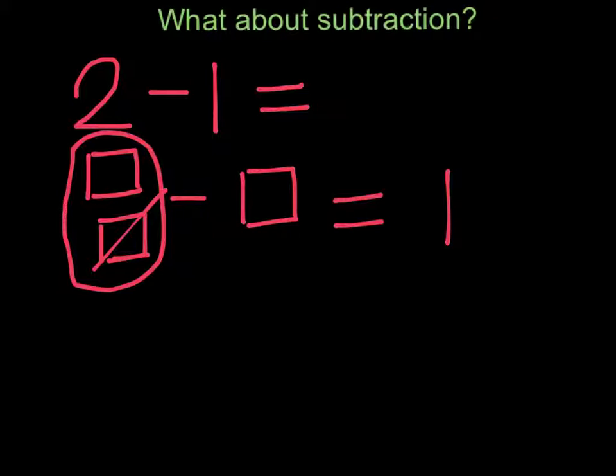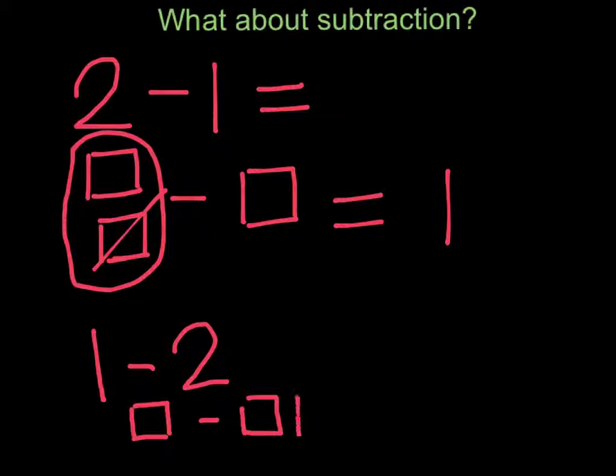Now let's change the order. Let's do 1 minus 2. That gets a little bit tricky. We have 1 square, one tiny square, minus 2 squares. So if I have 1 square, I need to get rid of 2 squares.